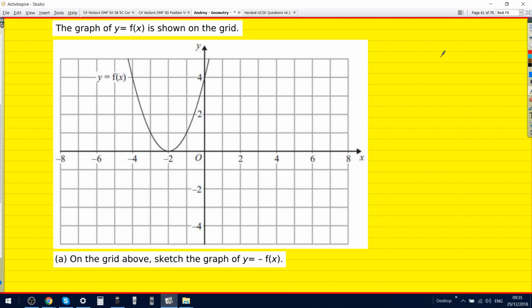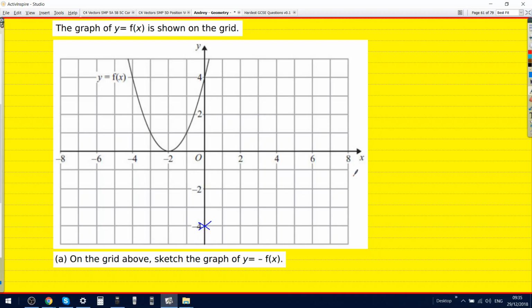So minus x. Is this meant to be minus y coordinates? Yep. So is this where 0, 4 would be 0, -4? Yeah. And let's get 2 more.